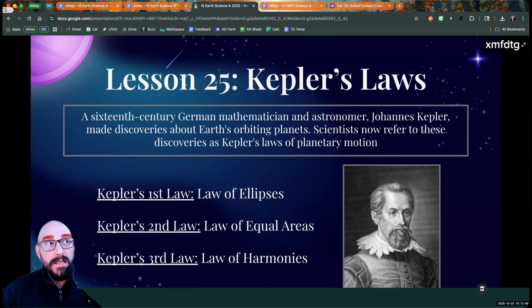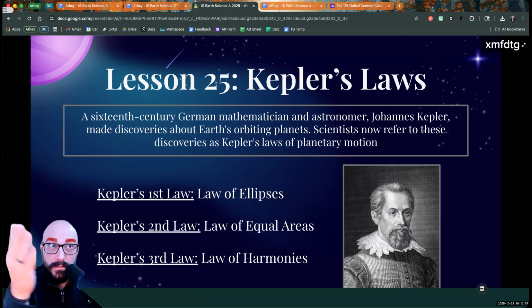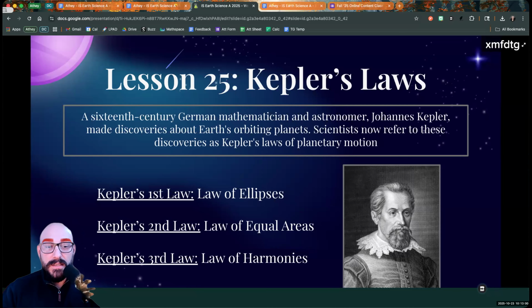And he was a mathematician and he did a lot of observation using the naked eye, just watching stuff in the sky, and using very, very rudimentary telescopes. They would have been just invented by Galileo very recently around that time, right?